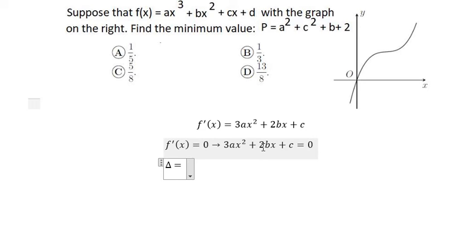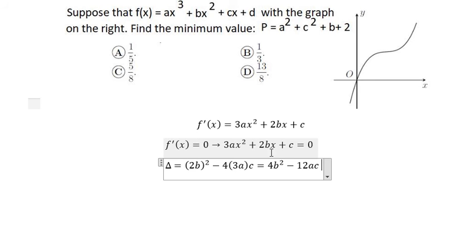That should be (2b) to the power of 2 minus 4 multiplied with 3a multiplied with c, and we get 4b squared minus 12ac.